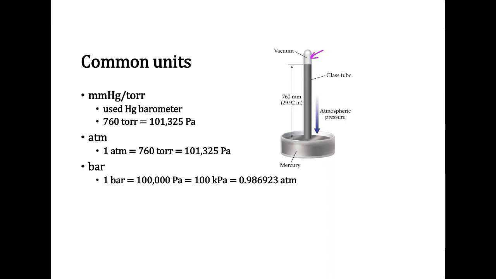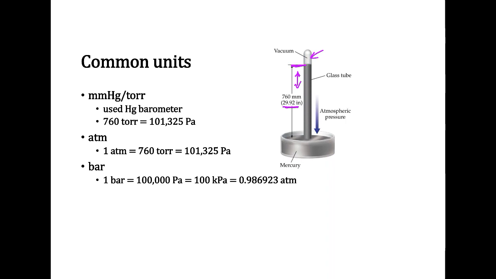And as the atmospheric pressure varies, depending on what force it's pushing down with, the height of this column will fluctuate up and down a little bit. And then you could measure the atmospheric pressure for the day. So if you're ever watching the weather on the news, it will give you a barometer reading like that, typically in inches.